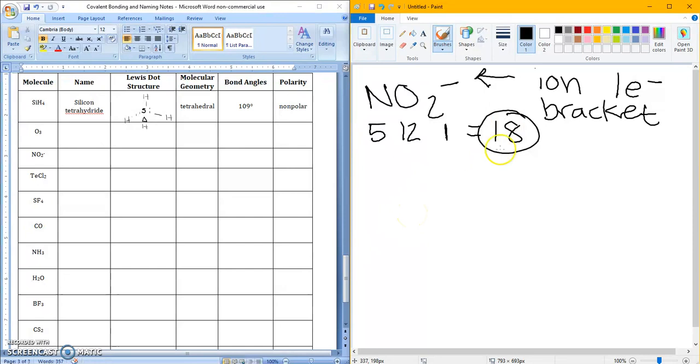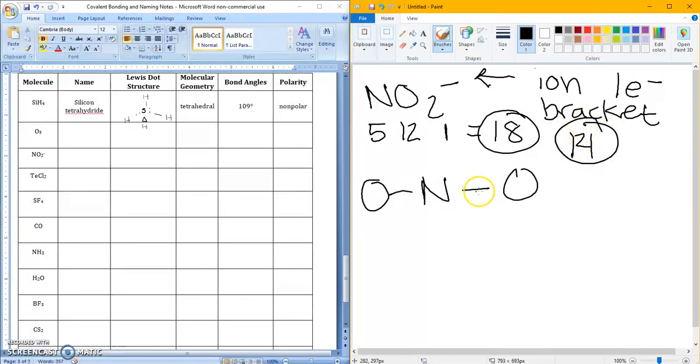Step number 1 complete. Step number 2, put the first atom listed in the middle, connect all other atoms to the side, equal distance apart. Next, add any extra electrons as lone pairs. So I have 2, 4, that means I have 14 electrons left over. So I'm going to do 2, 4 from the bonds, 6, 8, 10, 12, 14.